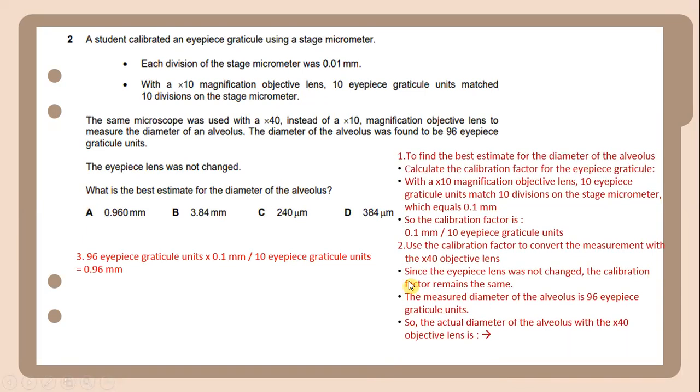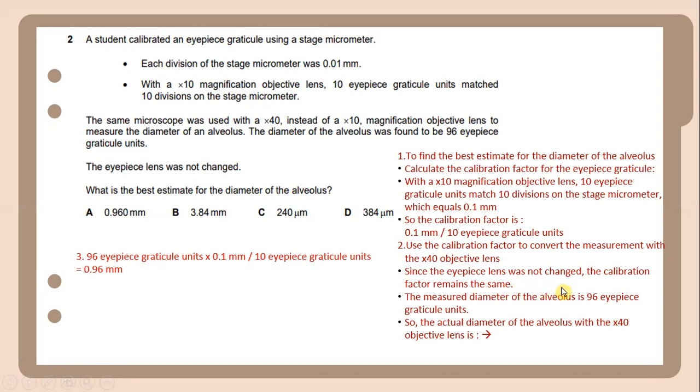To find the best estimate for the diameter of the ovule, first you need to calculate the calibration factor for the eyepiece reticule. With a ×10 magnification objective lens, 10 eyepiece reticule units match 10 divisions on the stage micrometer, which equals 0.1 mm. So the calibration factor is 0.1 mm divided by 10 eyepiece reticule units. Then use the calibration factor to convert the measurement with the ×40 objective lens.